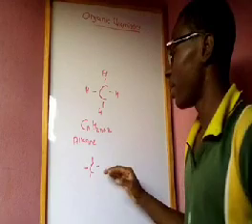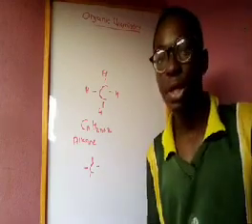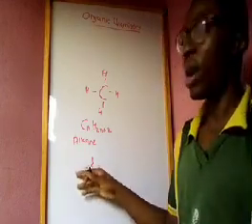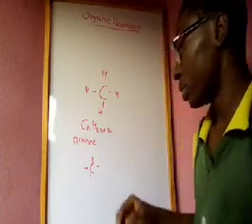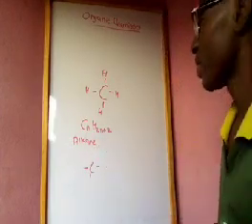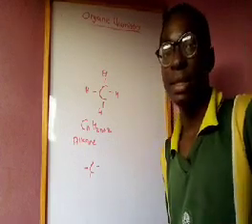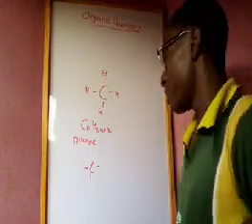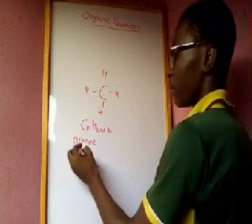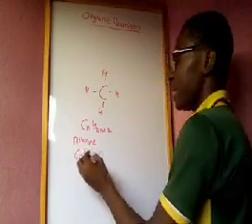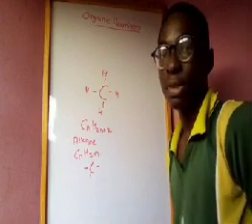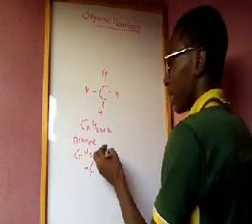So in alkenes, you have what is known as a double bond. For example, the simplest alkene is ethene. The general molecular formula for alkenes is CnH2n. So when n is 2, which is the simplest alkene, that will be C2H4.